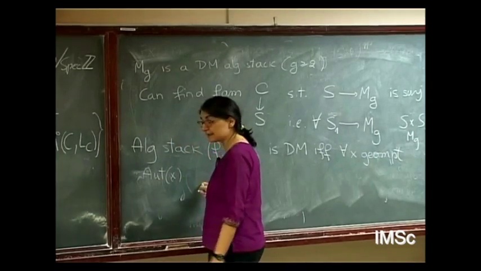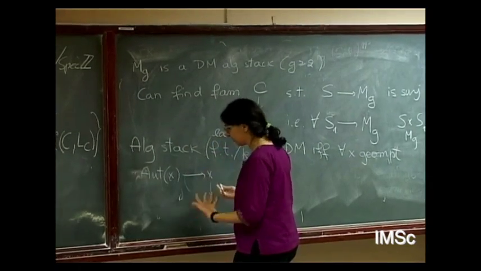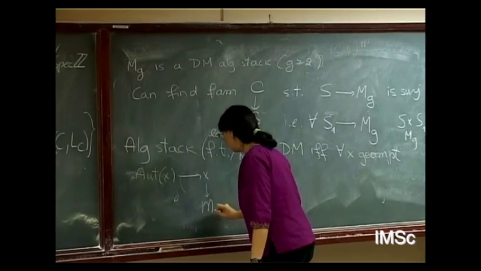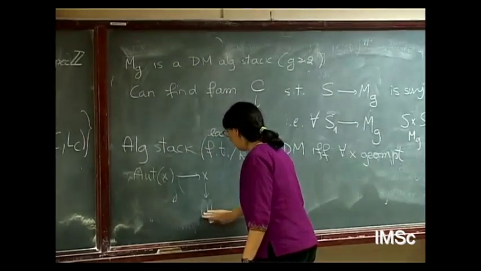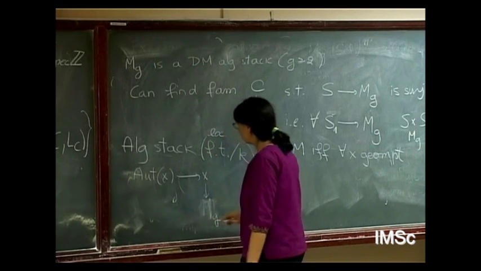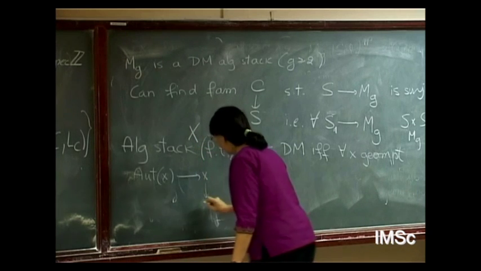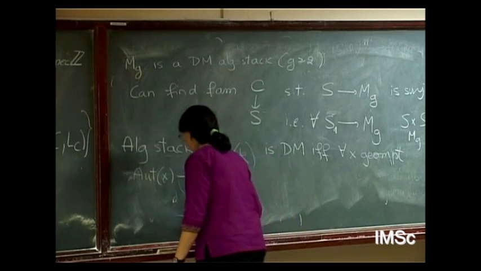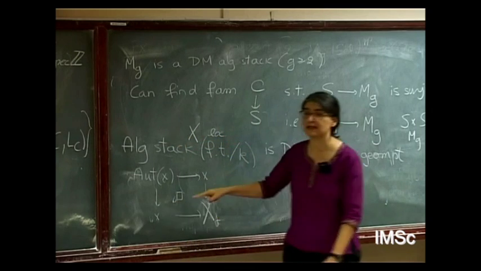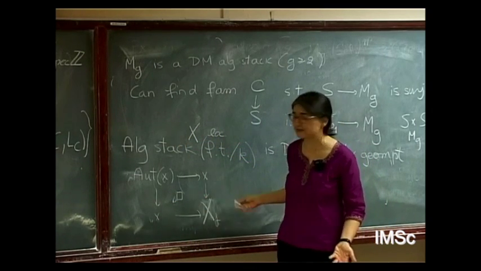is a scheme, because the general assumption I have is that for any morphism from a scheme, the fiber product with the algebraic stack X exists. So the fiber product here is the automorphism group, because this is one object, it's always the same.